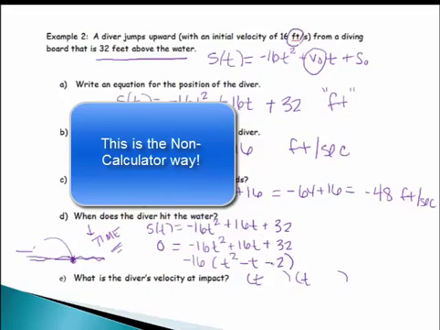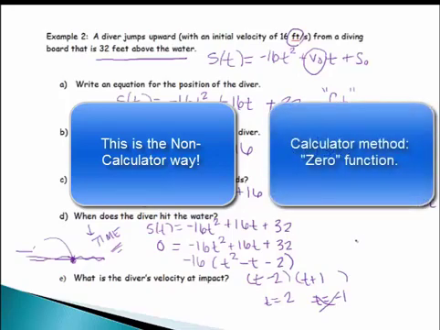Numbers that multiply to give me negative 2 and add up to negative 1. Which then solves to t equals 2 and t equals negative 1, which is not even possible because we're talking about time in this problem. So when does the diver hit the water? The diver will hit the water at 2 seconds.